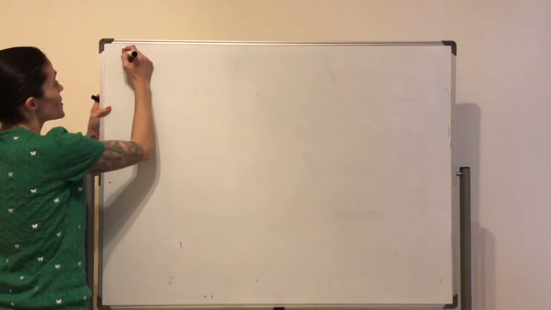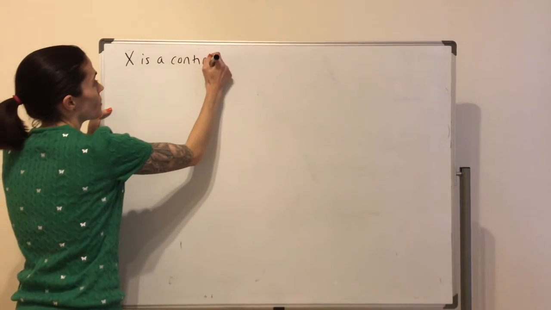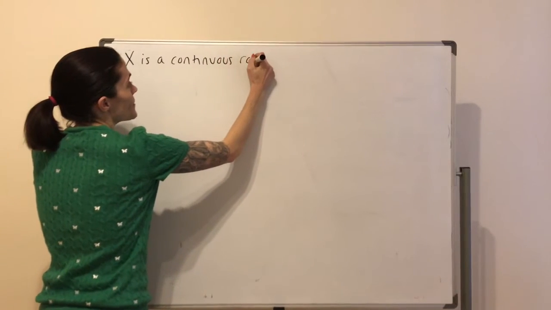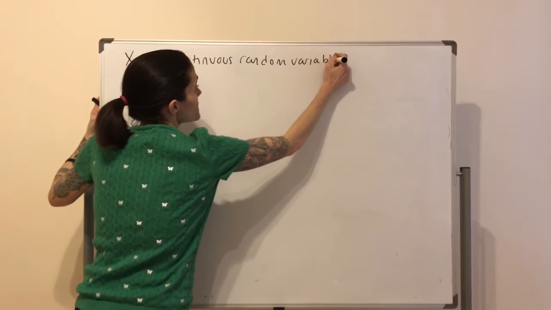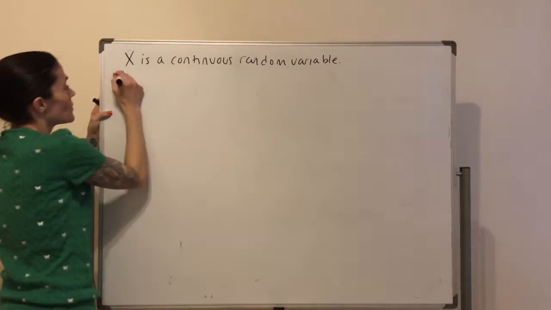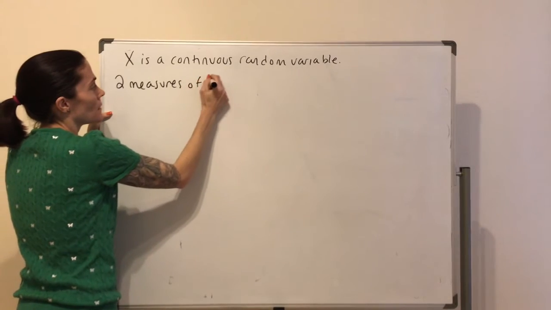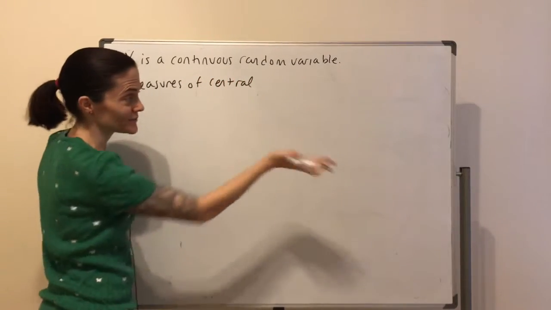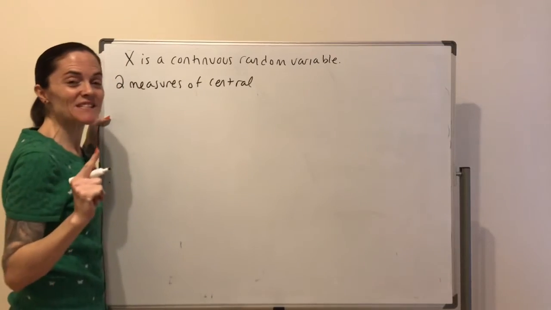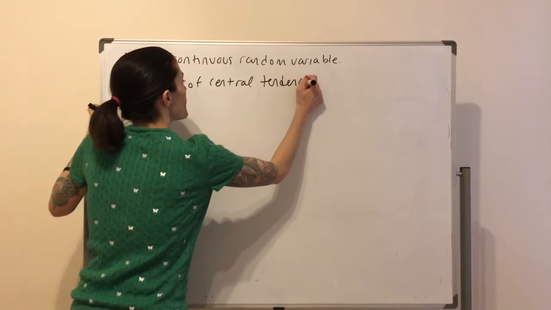So let's suppose X is a continuous random variable. We have two measures of central tendency, and I will talk about one, and maybe then I will see it in that example that we just finished, and then I'll talk about the other. Two measures of central tendency.